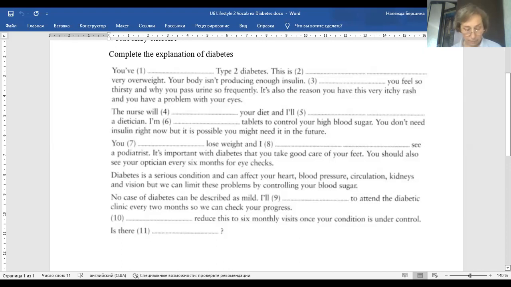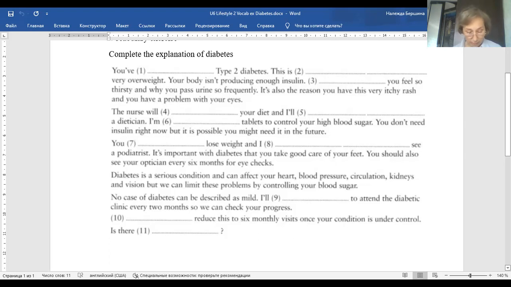Number 9: I'll advise you to attend the diabetic clinic every 2 months, so we can check your progress.